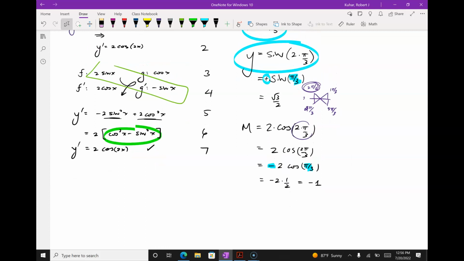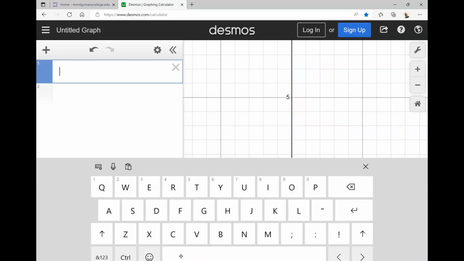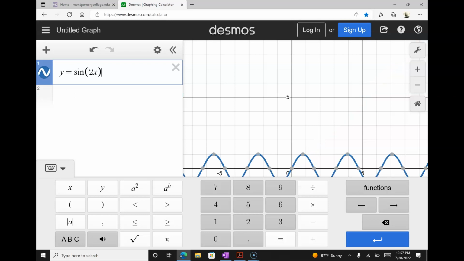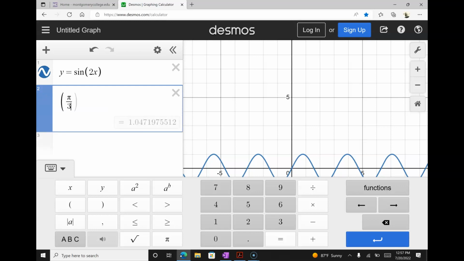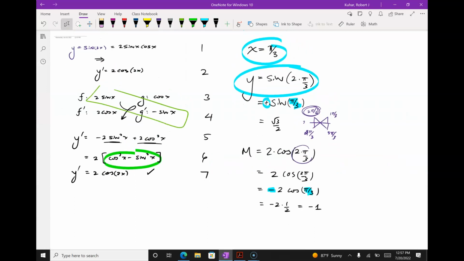All right, let's take a look at our tangent line now. I had y equals sine of 2x, and we found the point pi over 3, comma, I forget already, was it negative square root of 3 over 2? We picked something in the domain.